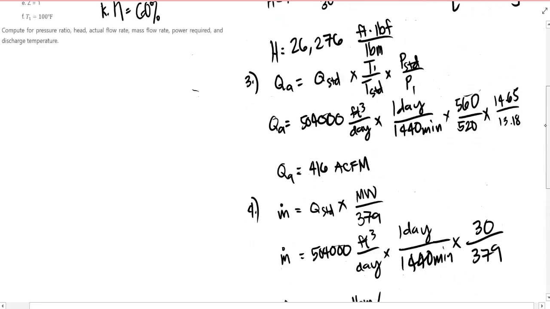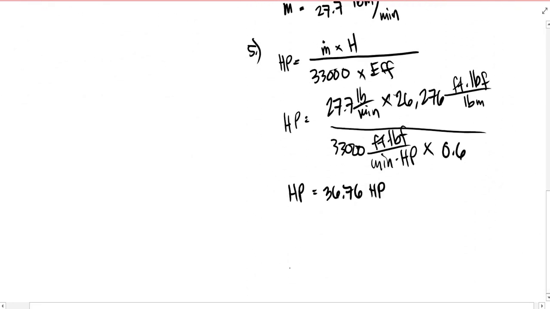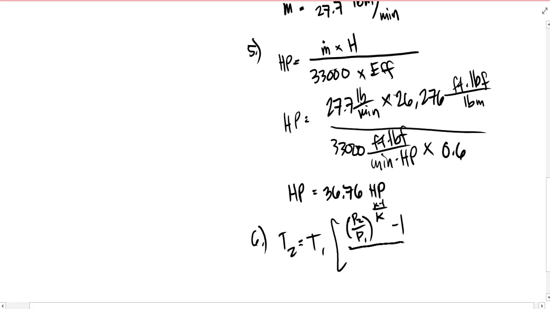Now, we need also the discharge temperature. So 6, T2 is equal to T1 times P2 over P1, formula kanina, P2 over P1 raised to K minus 1 over K minus 1 sa taas all over efficiency plus 1.